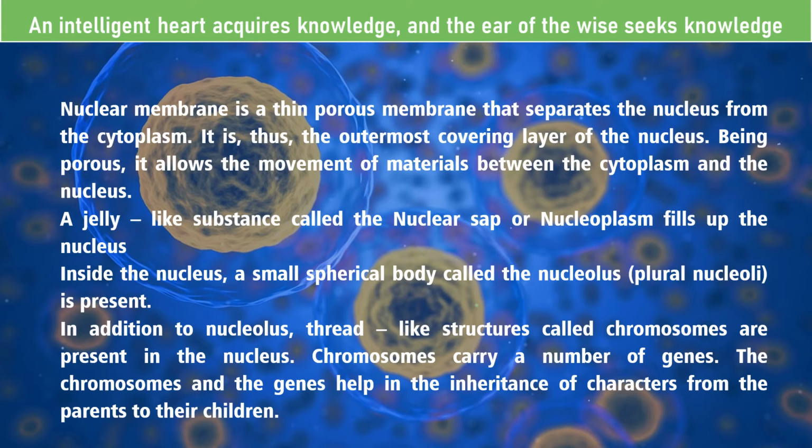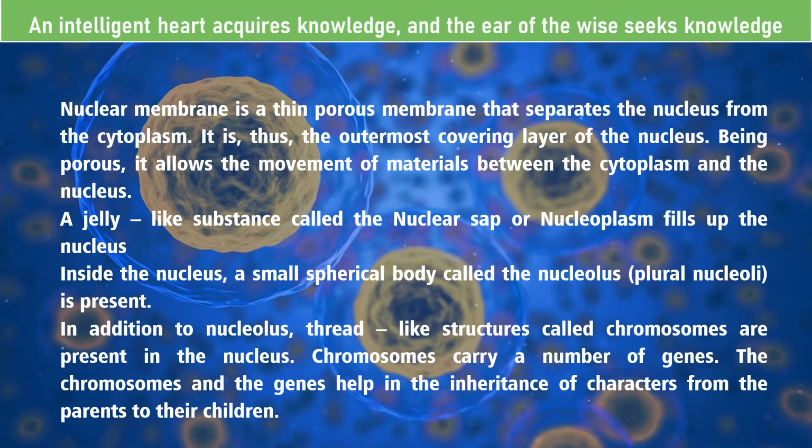Before we move further, we have to understand what is the function of this nucleus, what is the work of this nucleus. So there are two main things. First is, it helps in the inheritance of characters from parents to the children. Inheritance: whatever characters and things are in the parents, it brings them to the children.